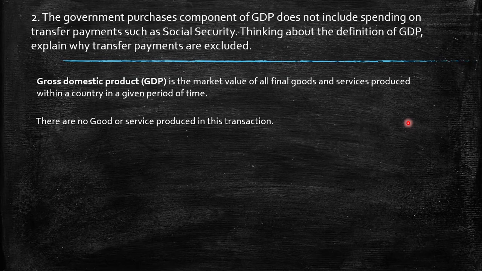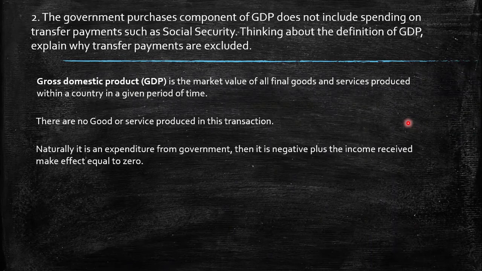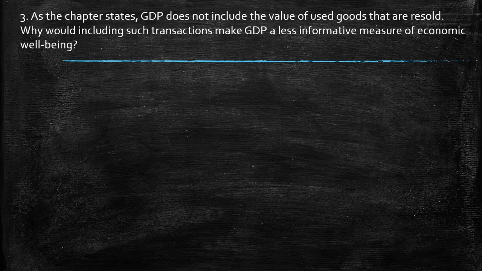When you provide a transfer via social security, no good or service is produced in this transaction in exchange. So this is an expenditure from government, which is negative, plus the income received, making the effect equal to 0. So at the end of the day, this is not considered for GDP.